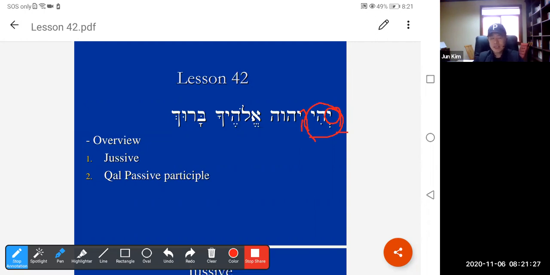And then you cannot see the third he, then you need to think about whether that is the jussive. But also in the case of third person masculine plural, you will not be able to see the third he as well. So in fact, it doesn't really help in the case of third person masculine plural as well.